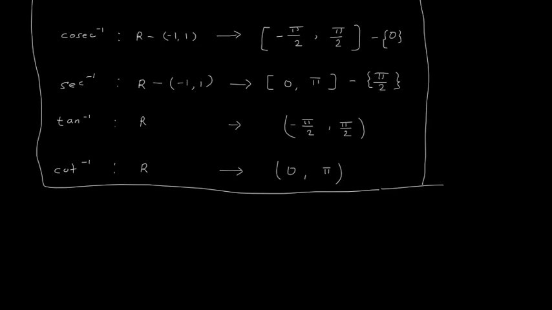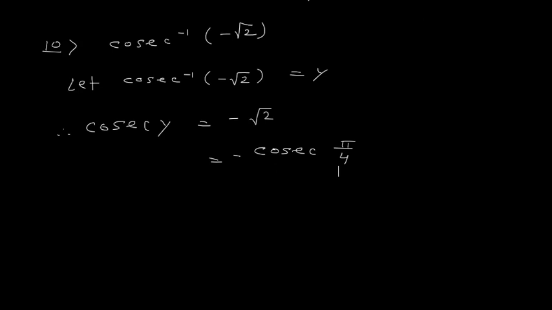So we have to get the value between that. So by using formula, as sine minus theta is minus sine theta, similarly cosec minus theta is minus cosec theta. So it is minus cosec pi by 4. So I will write this as cosec minus pi by 4. And here I will say therefore this y is equals to minus pi by 4.